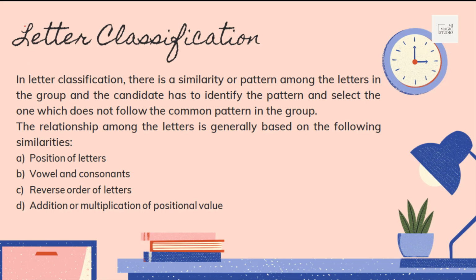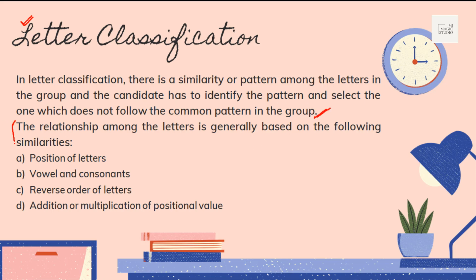After number classification, we have letter classification or alphabet classification, English language alphabet classification. In letter classification, there is a similarity or pattern among the letters in the group, and the candidate has to identify the pattern and select the one which does not follow the common pattern in the group. We know this drill by now.